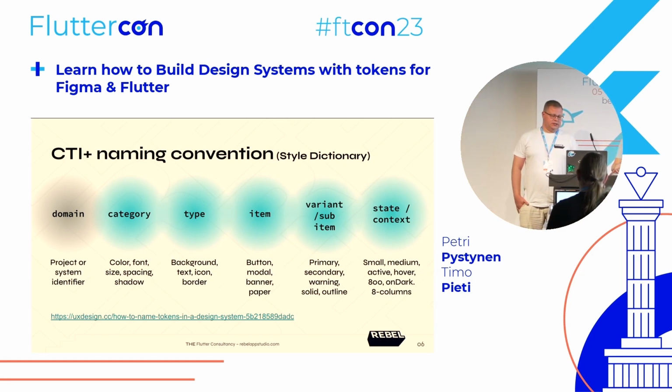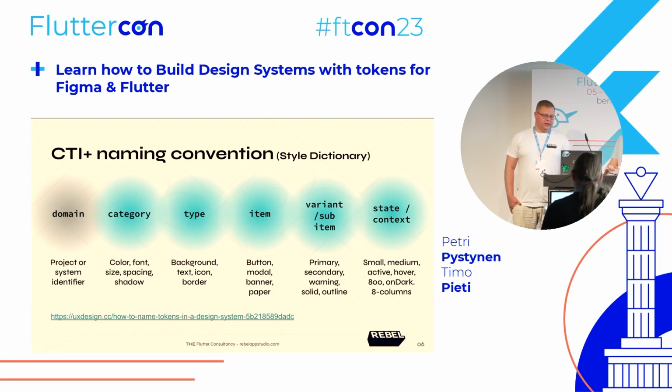You don't have to use raw values; you use token names that are named by the use case, and that is the main thing. You can use all of those parts, but normally just category, type, and variant is enough.